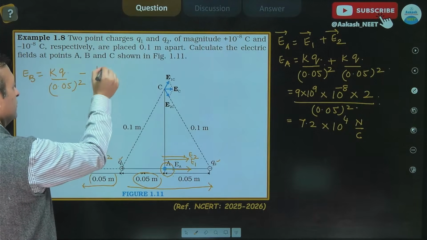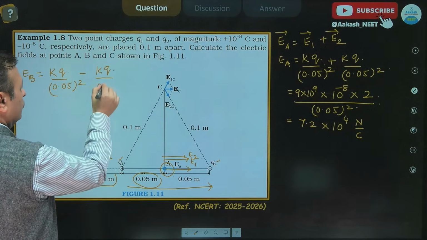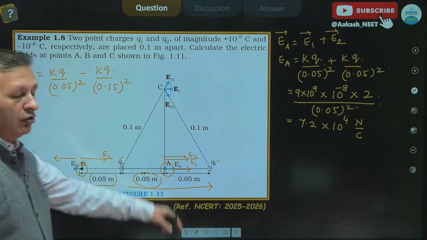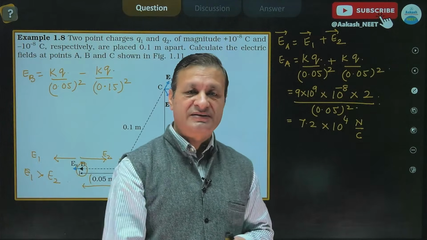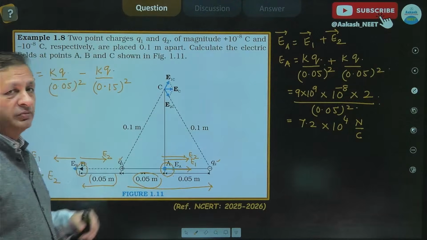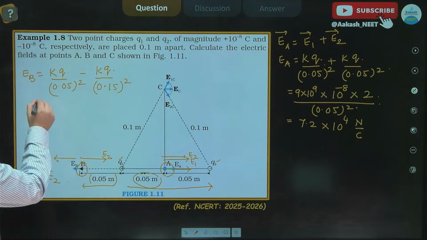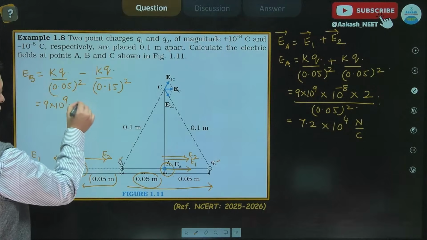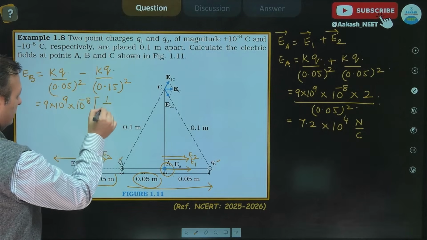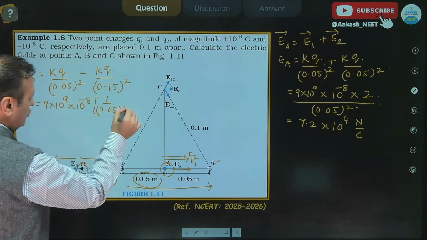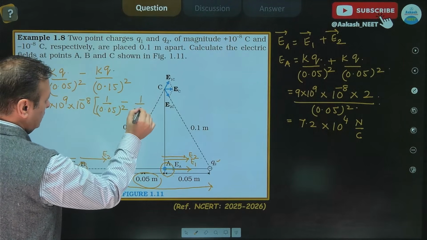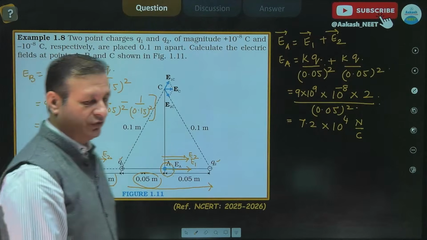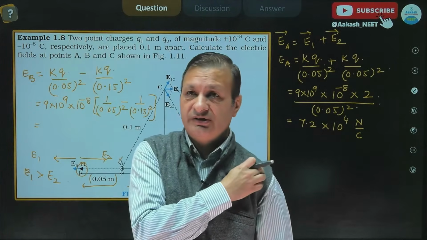What is E2? KQ by 0.15 whole square. All these units are already given to you in standard SI units, otherwise we have to be very particular about the unit conversion part. So this is 9 into 10 to the power 9, Q is 10 to the power minus 8, and this is 0.05 whole square minus 0.15 whole square. Just give me the answer for this calculation part also, what you will end up with, please.